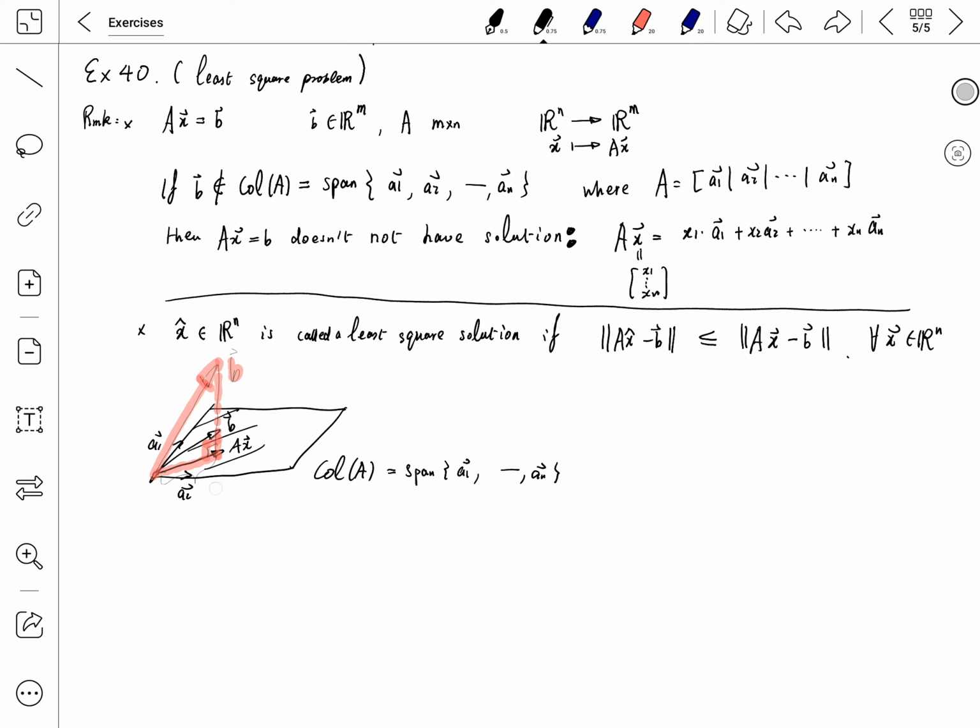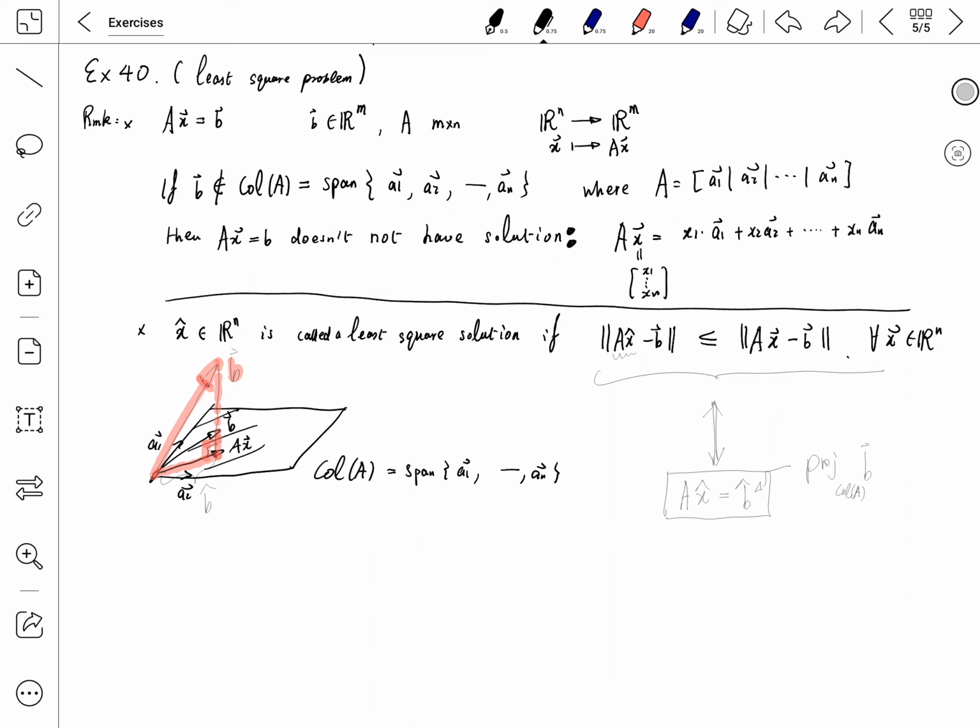We call this projection b hat. And then notice that the choice of x hat such that it has minimum distance with b would be equivalent to Ax hat equals b hat, where this b hat is the projection of b onto this column space of A.